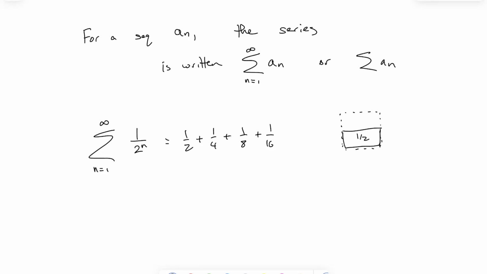But then if I add in 1/4, 1/4 actually fills in half of the remaining space here. And then if I add in 1/8, that fills in yet another half of the space which remains. And in fact, all of these things, you can fit them all into this little crack, right? Because each one that goes in is just going to fill half of the remaining space. That means all of these things fit into this box of area 1.